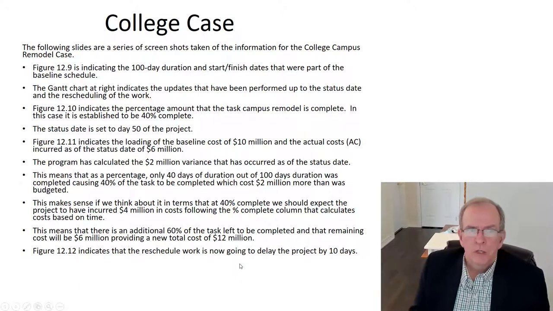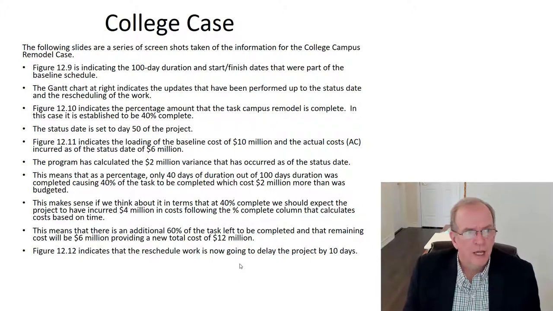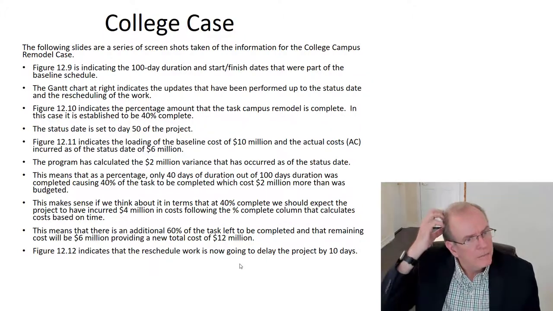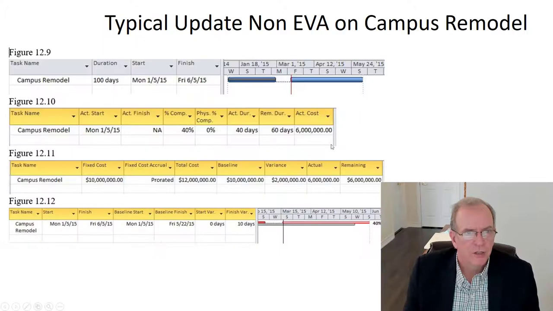So just to run through maybe with some visual examples in a schedule, the following slides are a bunch of screenshots given at different points in time, and give you a sense of the data being calculated. So you've got this campus remodel, and there's a few things I would do differently in this illustration, but essentially you've got 100 days.